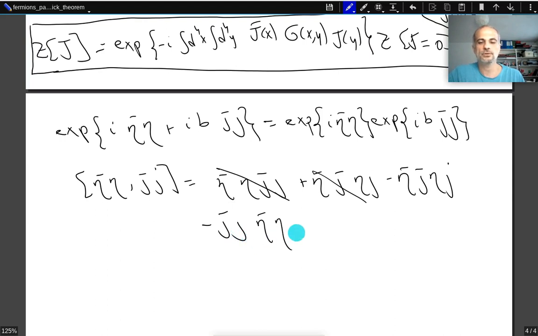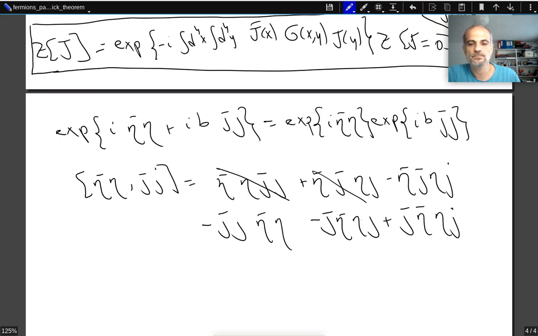So let me also add and subtract one more term. Let me add or subtract j̄ η̄ j η and add j̄ η̄ j η. You see, this term and this term have the same η j factor at the right.